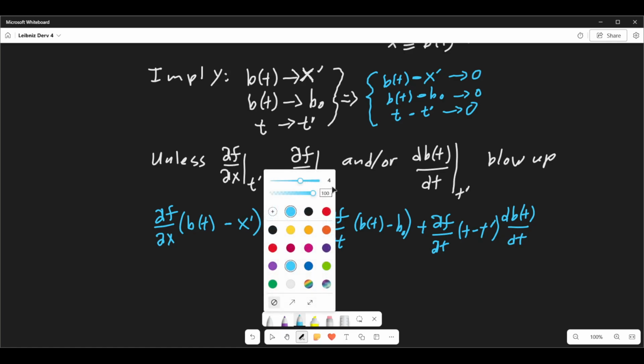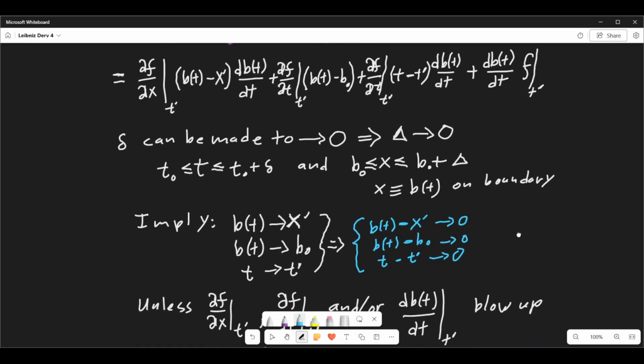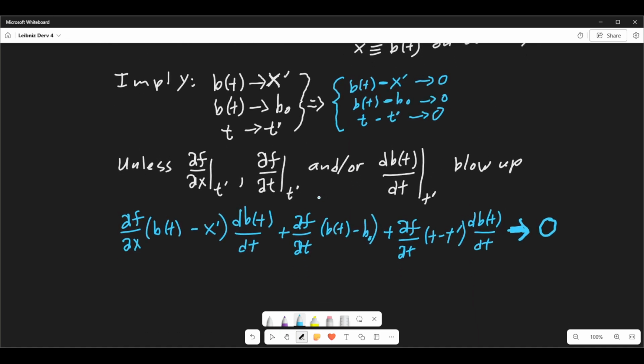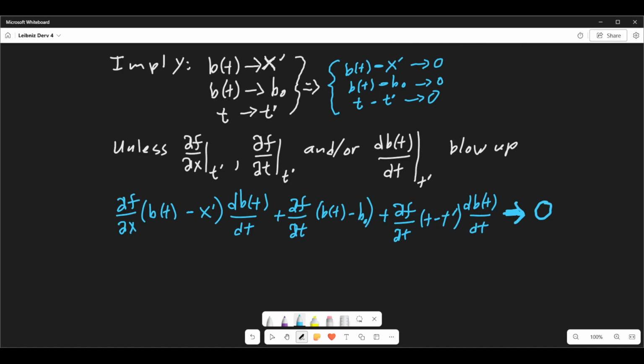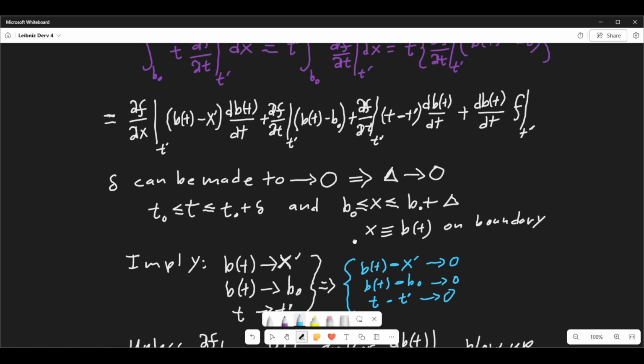This thing is basically going to go to 0. Check that I basically put down all these terms. So with all of that going to 0, the only remaining term is going to be this guy.